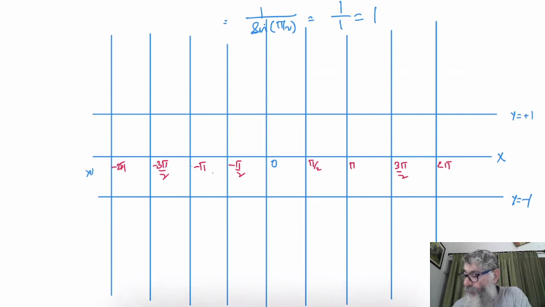Let me take this yellow color. This is here. Similarly, this is the curve for sine.